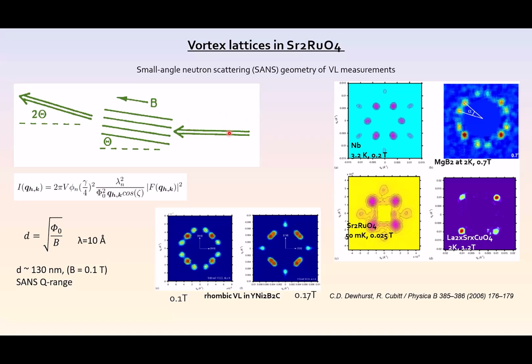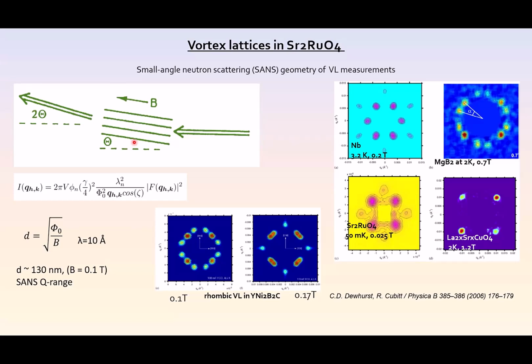If you apply a field to the superconductor, this is the direction of the field. So all vortices will be oriented in this direction, and then you need to pass neutrons through this superconductor, and you practically do rocking curve measurements.